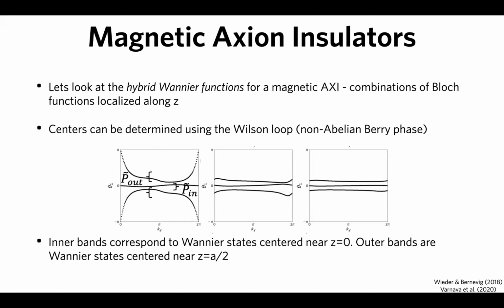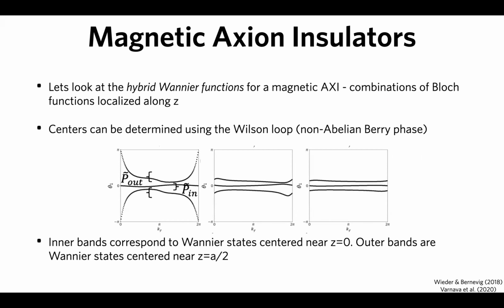Here we have them, the hybrid Wannier functions localized in the z direction, centers as a function of ky for 3 different kx values. And what you see is that there are some hybrid Wannier states localized near the origin of the unit cell in the z direction. And then there's some that are localized near the boundary of the unit cell in the z direction. And these are the 2 inversion symmetric planes in the unit cell.